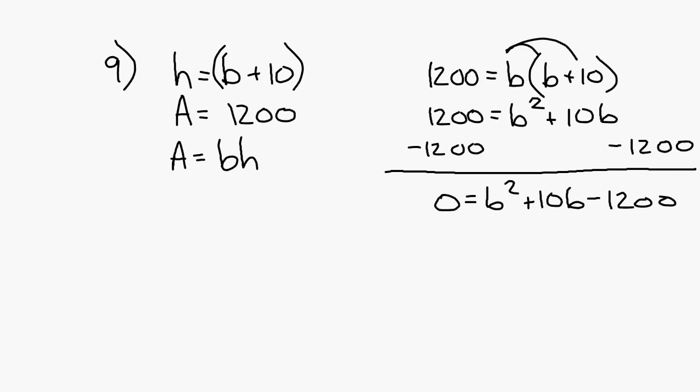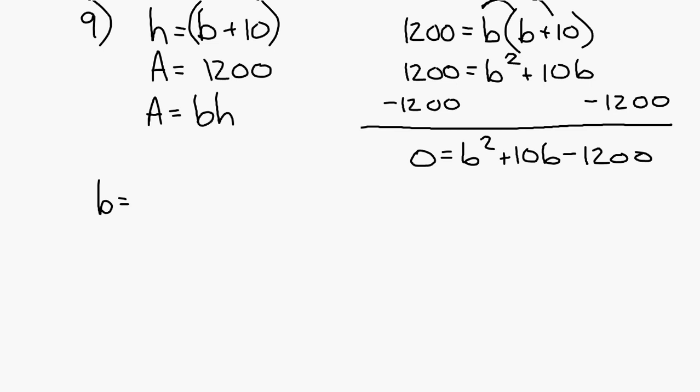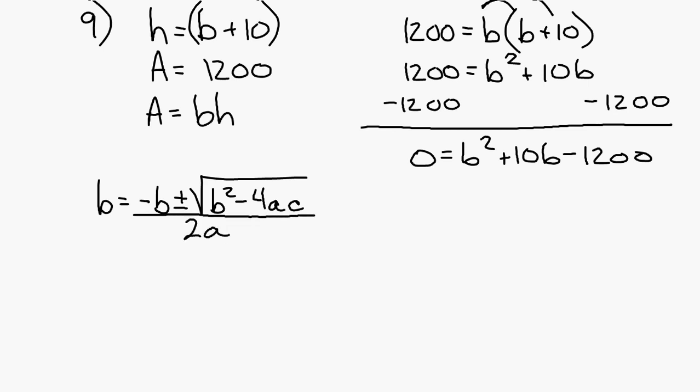The quadratic formula says that b is equal to the opposite of b plus or minus the square root of b squared minus 4ac, all divided by 2a. Whatever is in front of the b squared, that's your a.